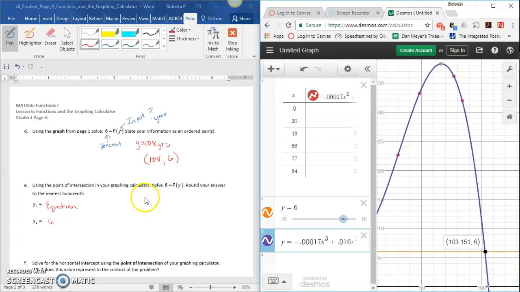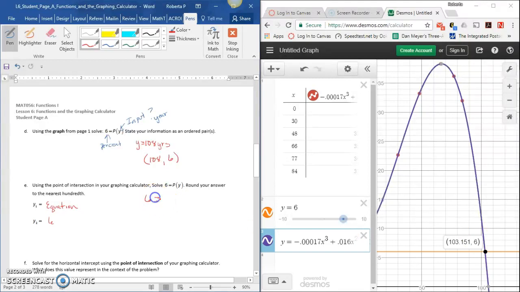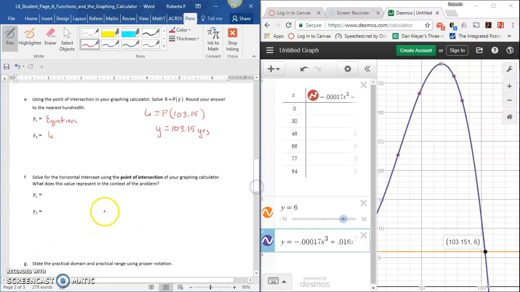So we know that 6 equals P of 103.15, or we could say y equals 103.15 years.